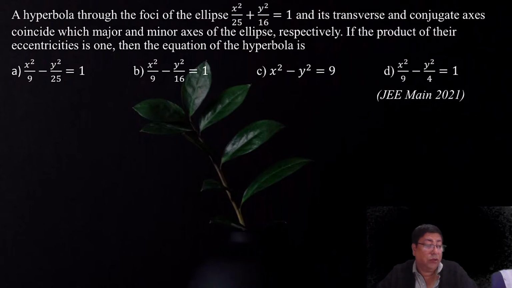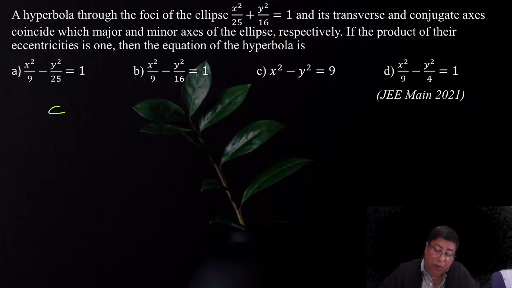If the product of the eccentricities is 1, first of all, we have to get the eccentricity of the ellipse.